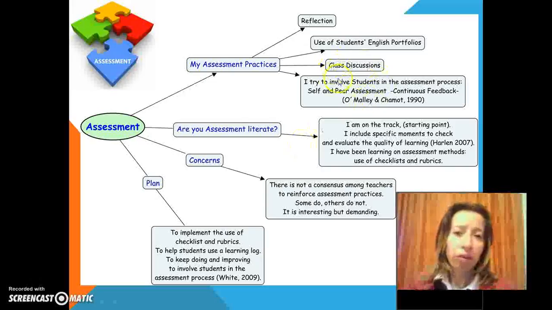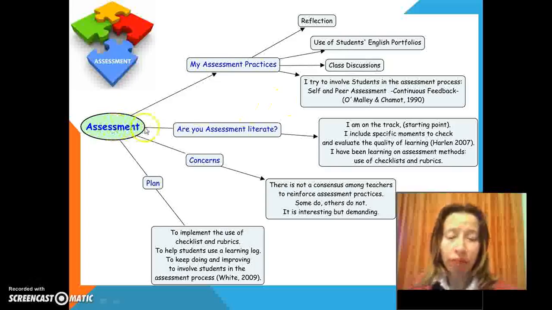Then I decided to use class discussions with all the other students as another method to assess the learning and teaching process. Well, class discussions have been a special space in which students express themselves, and they evaluate their own performance and their partner's performance.